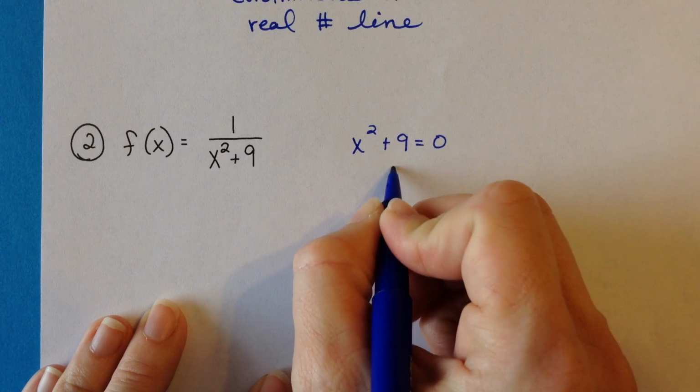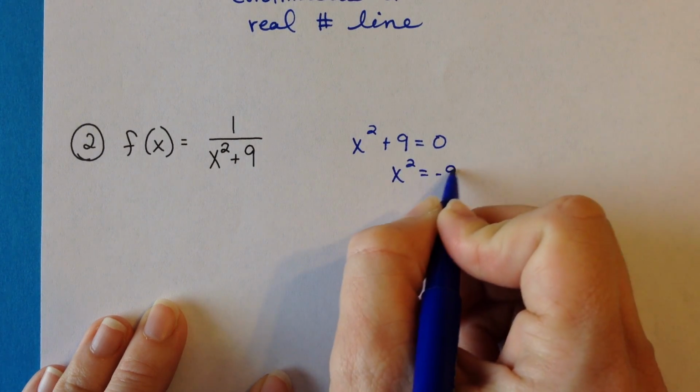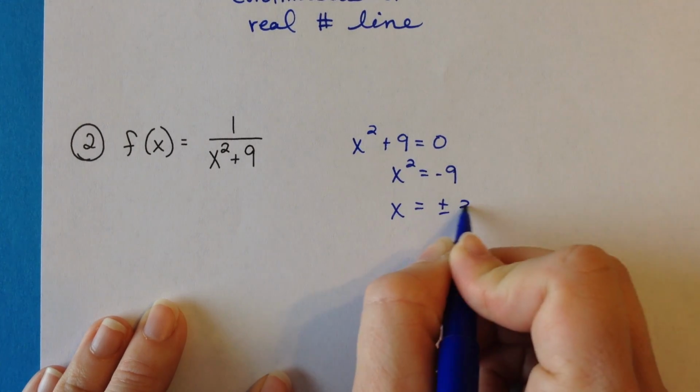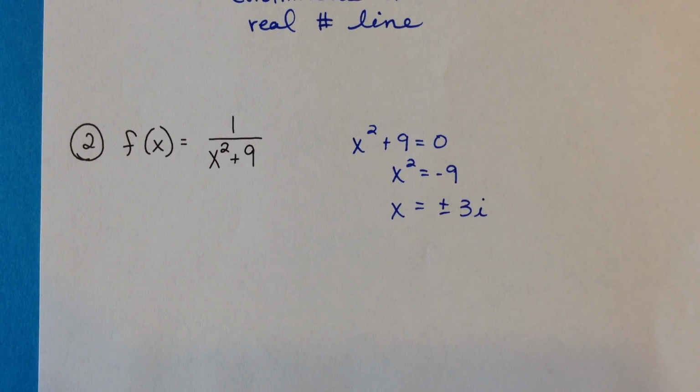All right, so if I solve this, I'm going to use my square root property, because I'm going to subtract 9 and take the square root of both sides. But when you take the square root of -9, remember that's going to give you plus or minus 3i. You're going to have an imaginary. When you're discussing numbers on your x-axis, on your number line, that only involves real numbers.